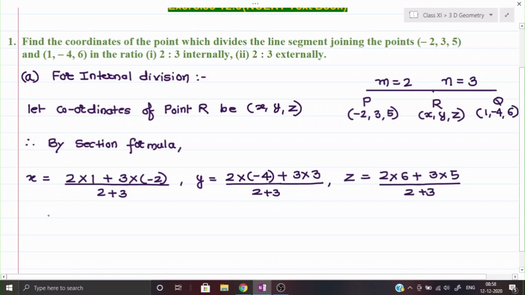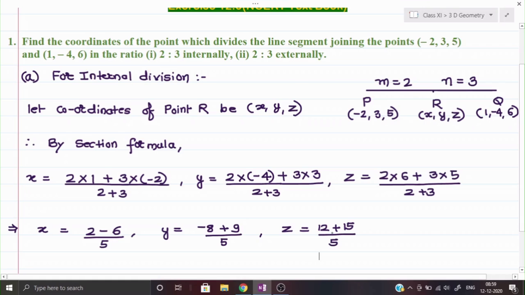Let us simplify. The value of x can be written as x is equal to (2 minus 6) divided by 5. Sorry, y is equal to (-8 plus 9) again divided by 5, and z will be equal to (12 plus 15) divided by 5.